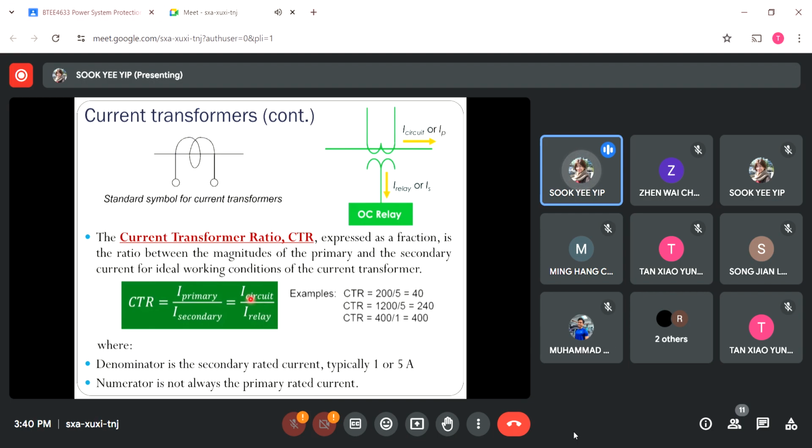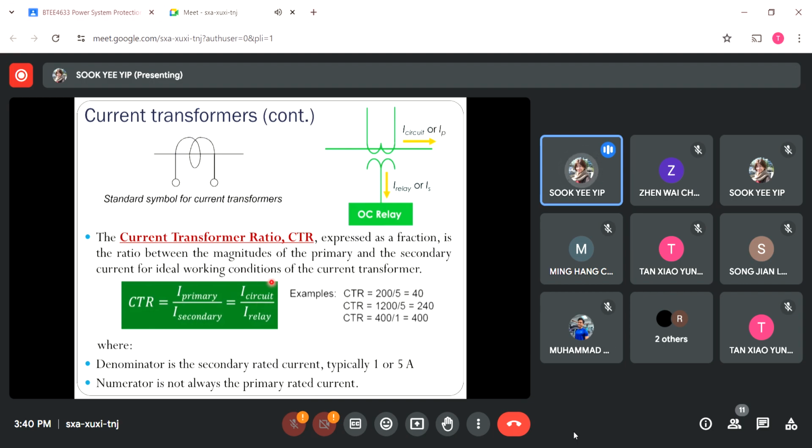Okay, so from here we know that the primary current is always bigger than the secondary current. The denominator, we know, is the secondary current, rated at either 1 amp or 5 amp. And the numerator, at the top here, is always higher than this. Yes, it can be the rated current flow at the primary side, but that is only under normal conditions for this power system.